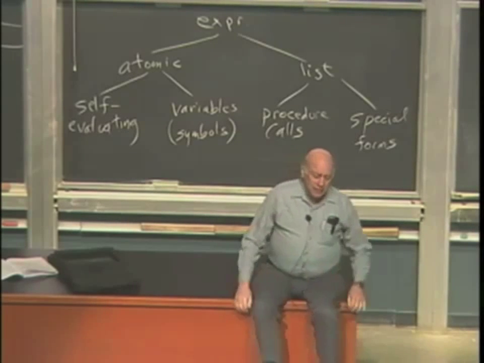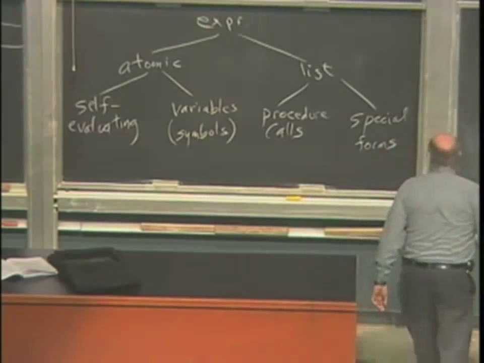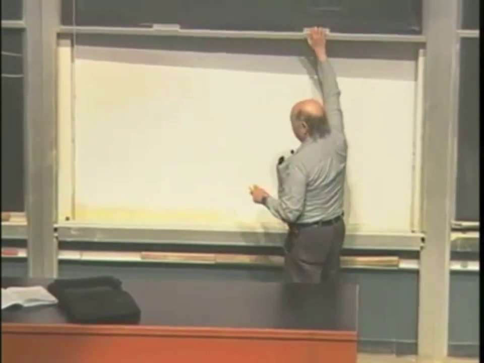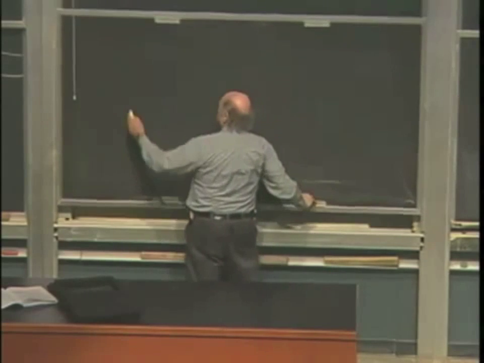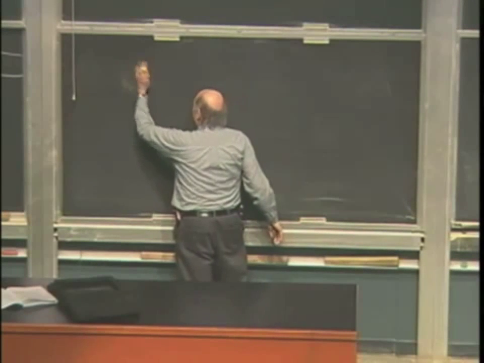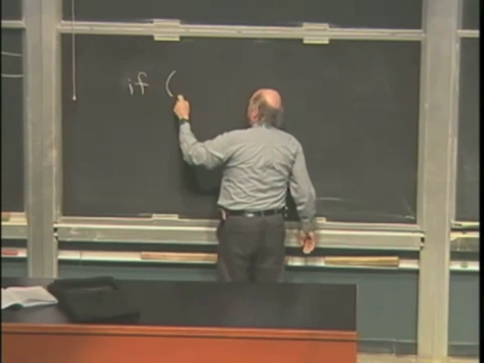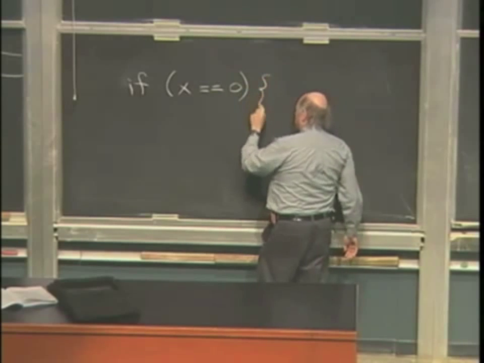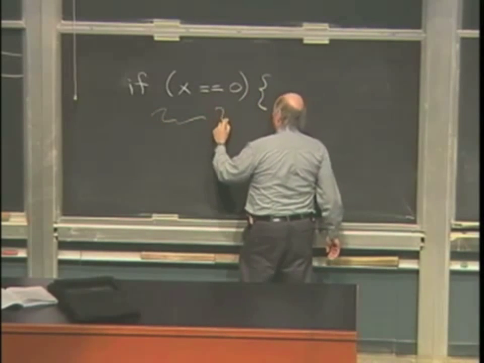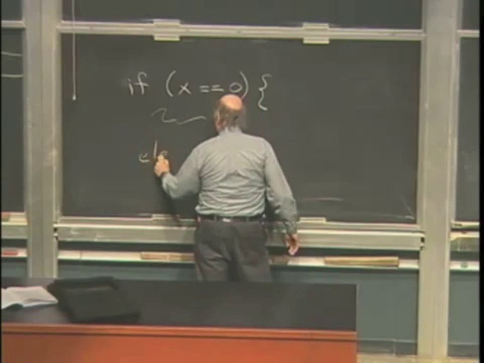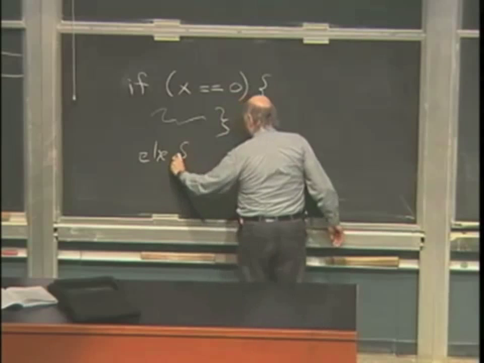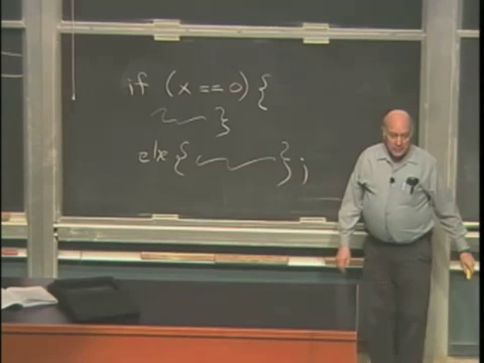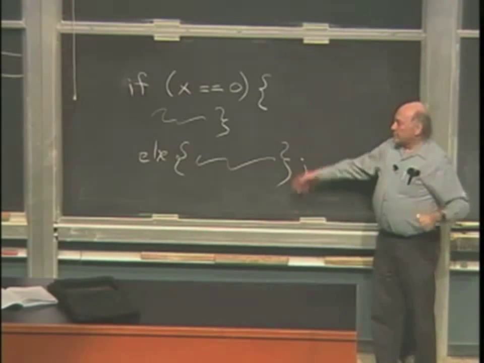Well, Java has a notation that looks like this: if x is equal to 0, do some stuff, else, these are braces, do some other stuff, semicolon. So that's what if looks like in Java.